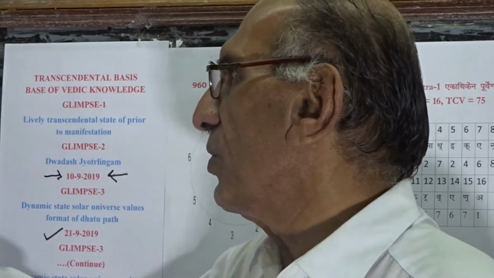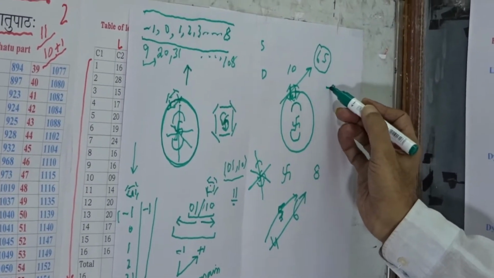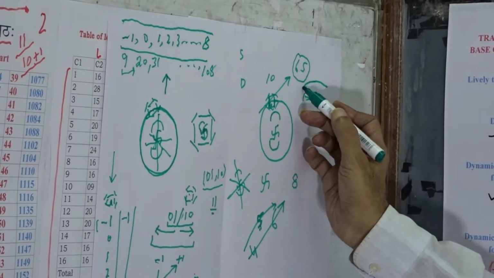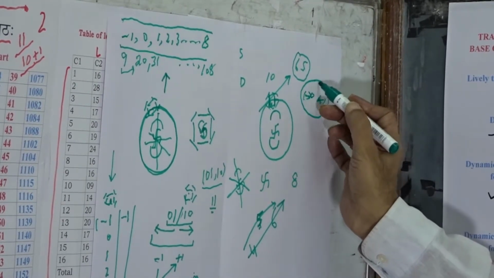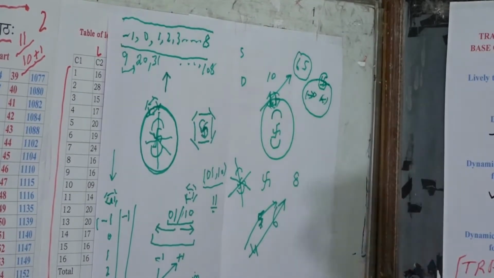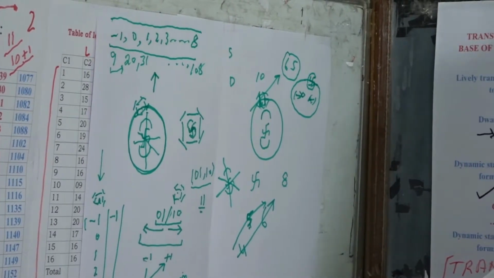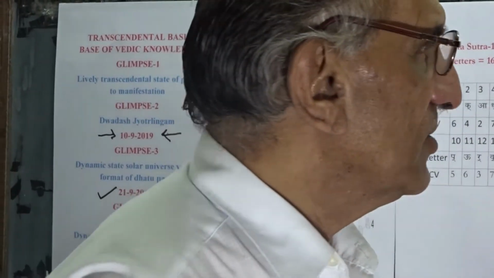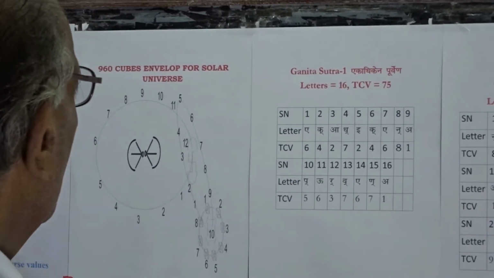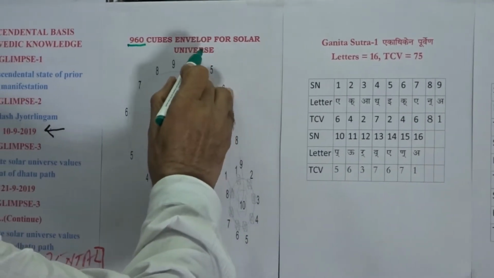Therefore, we know 6 space is enveloped within a transcendental boundary of 12 components. Therefore, it is this state of 5 space reaching as a transcendental boundary which becomes the ultimate attainment. It is this attainment which takes us to the setup of 960 cubes enveloped for a solar universe.